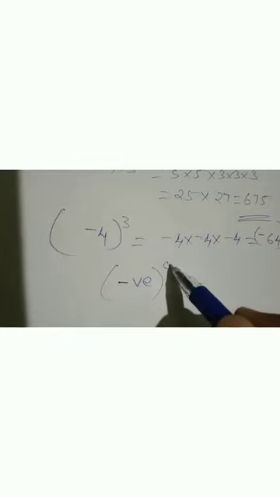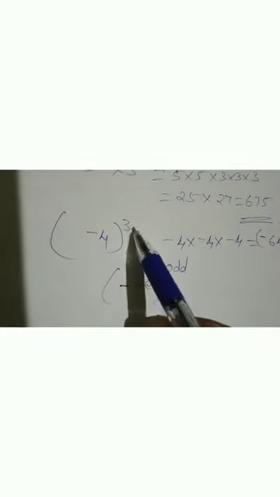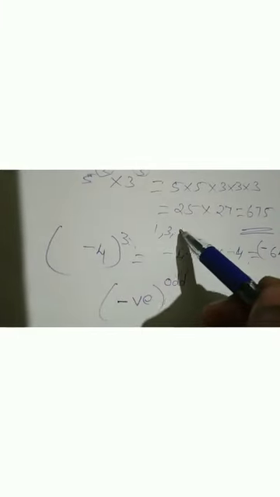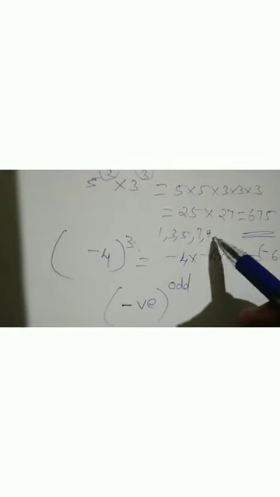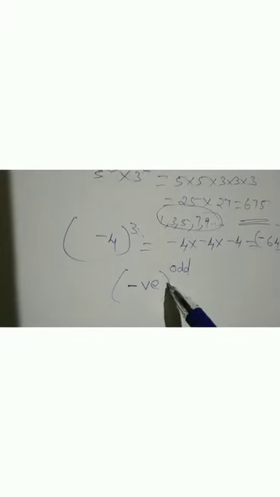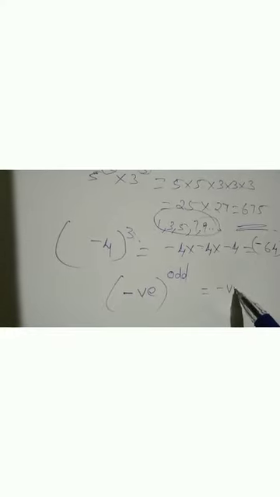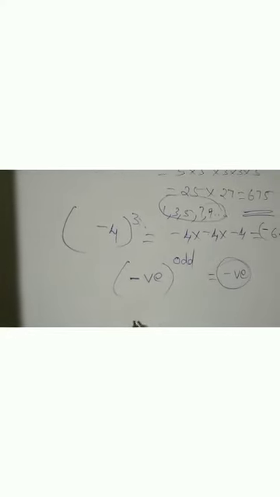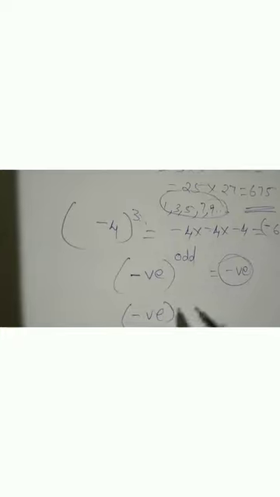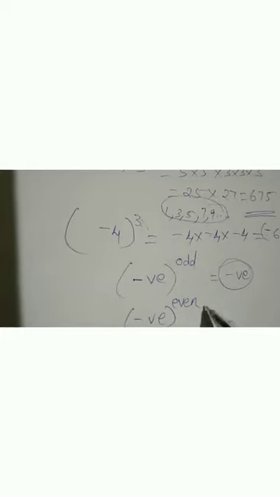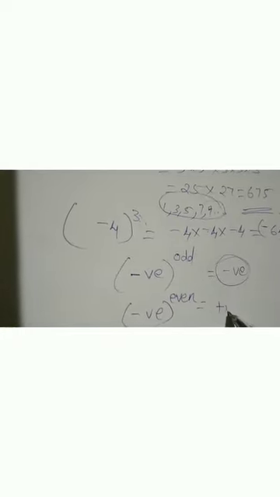If it is repeated an odd number of times, that is 1, 3, 5, 7, 9 and so on, then the answer will be negative itself. But if the negative is repeated an even number of times, the answer will be positive.